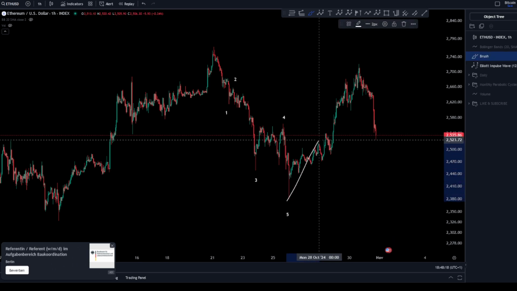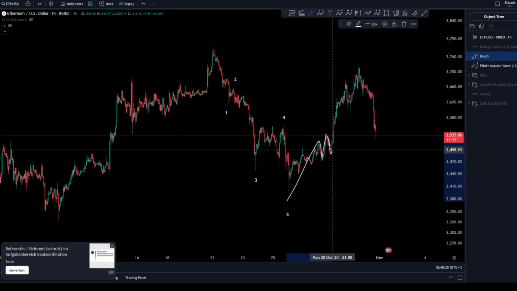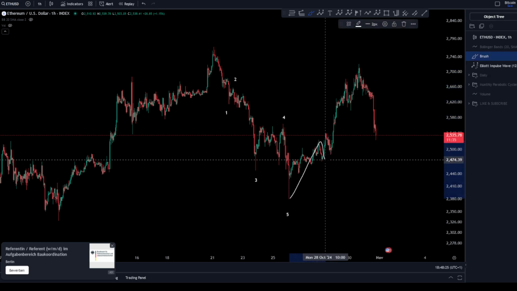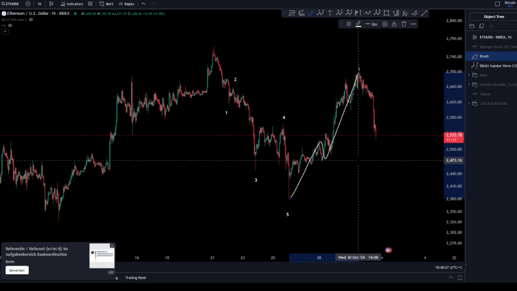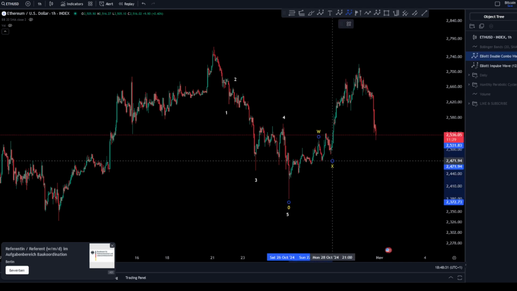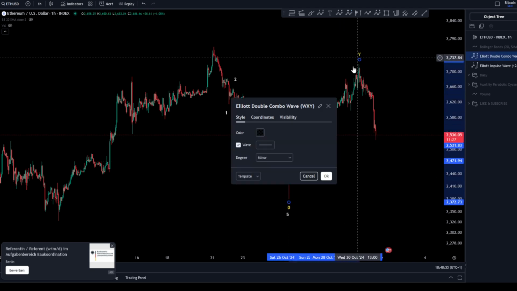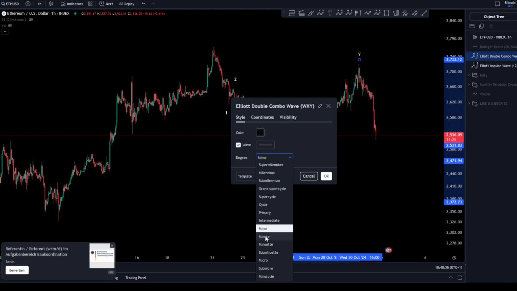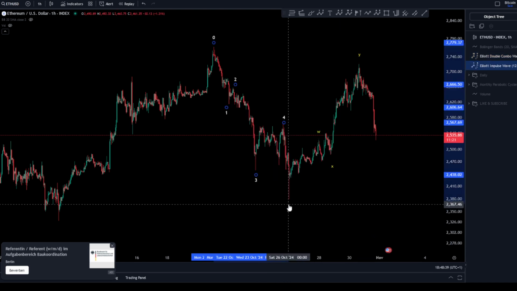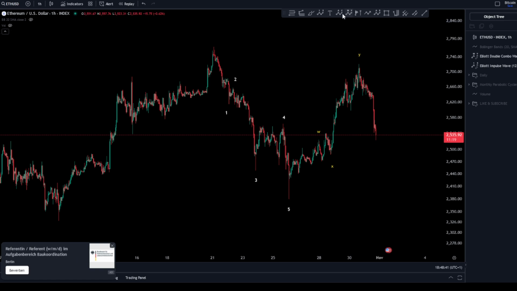However, it can be an A and then B, and then your wave C is extended towards the upside. I would call this definitely a WXY, because it looks very, very choppy. W, X, and Y as a wave 2, where we are looking at a bigger 1, 2 towards the downside.